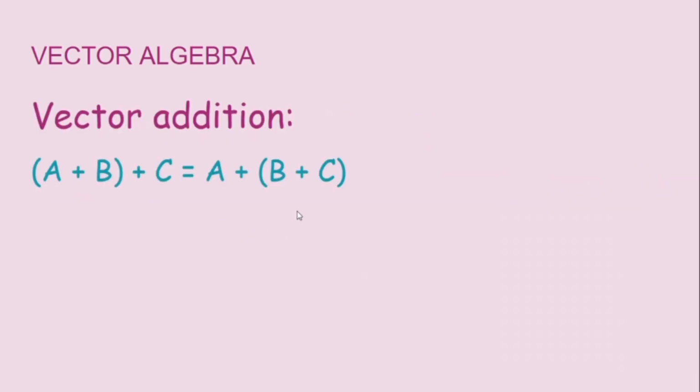Now we will see that vector addition is also associative. That means that we can first add two vectors A plus B and then add the C vector to this resultant vector, and we can also add two vectors B plus C and then add A to this resultant vector.